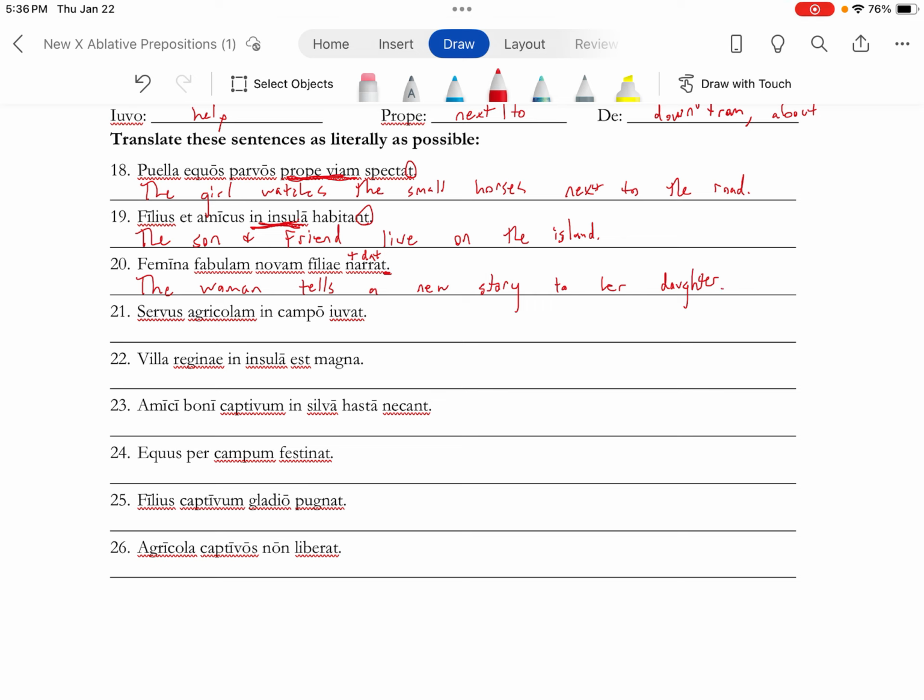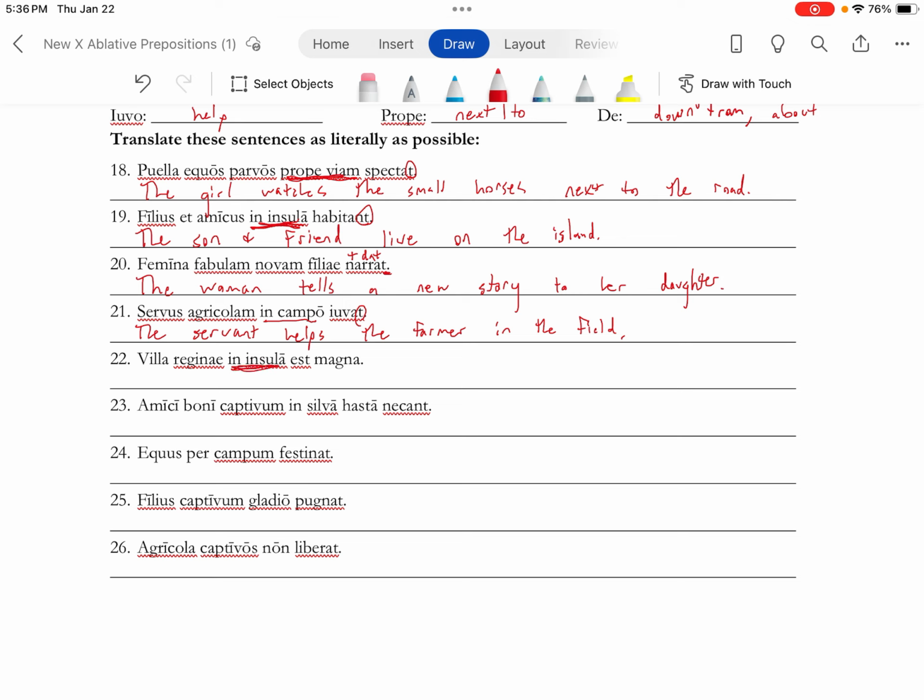Servus agricolam in campo juvat. In campo is our prepositional phrase. The T on juvat is he, she, or it, which is the servant. So the servant, all right, helps the farmer in the field. Villa reginae in insula magna est.